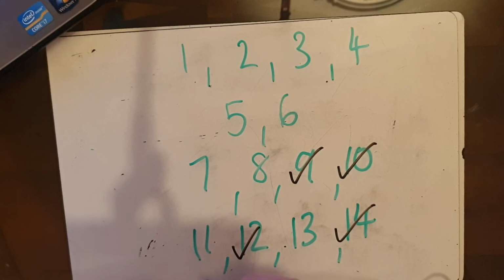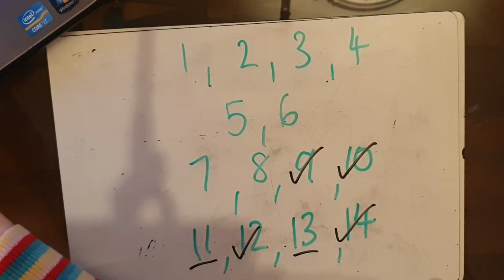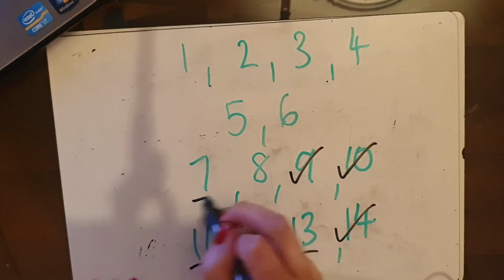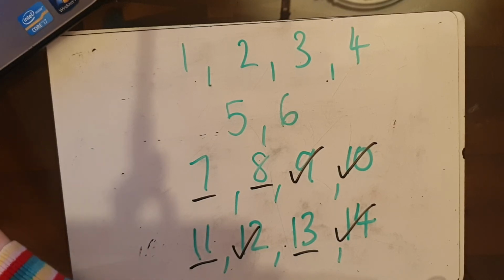I would like you to have a go at question 11 and question 13 because they're a bit wordier and they require you to do a little bit of interpretation. Question 7 and question 8 are also wordy questions, so I would like you to have a go at those.